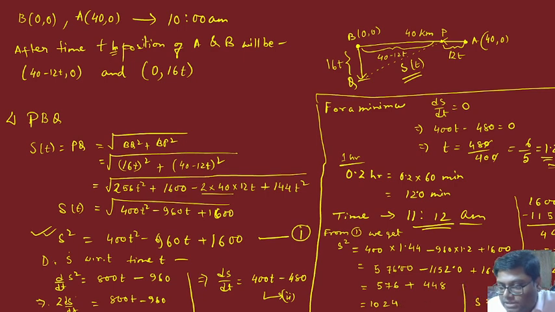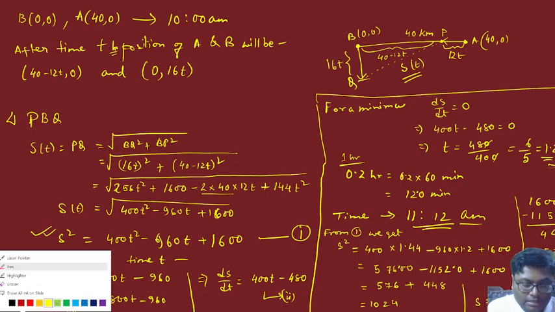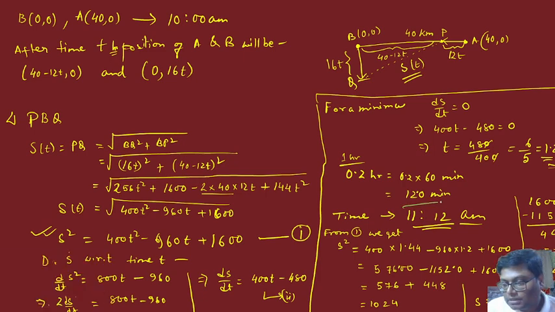So s is equal to root over 1024, equal to 32 kilometers. So the minimum distance is 32 kilometers and the time taken will be 11:12, and the distance will be 32 kilometers.